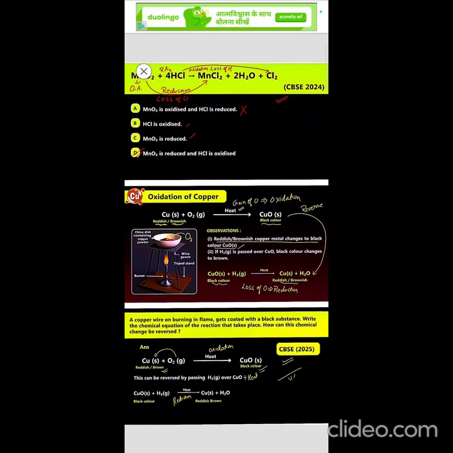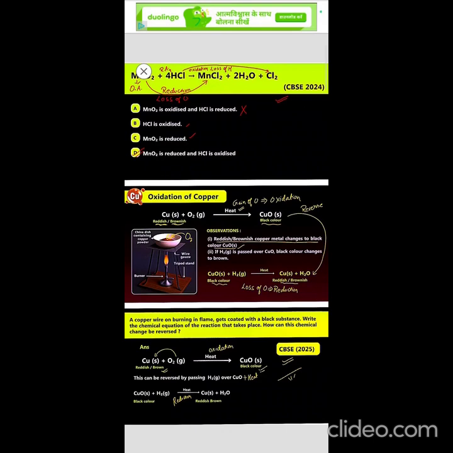So this is reduction. This is an example of a reduction reaction. And CuO, copper oxide, will act as which agent? Oxidizing agent or reducing agent? Since reduction takes place, it is an oxidizing agent. CuO is an oxidizing agent.